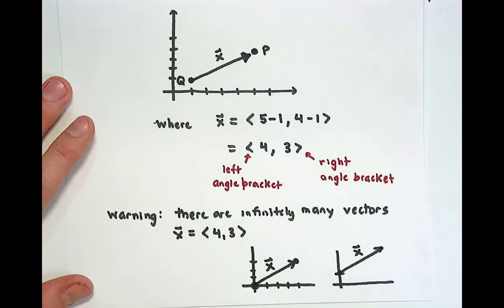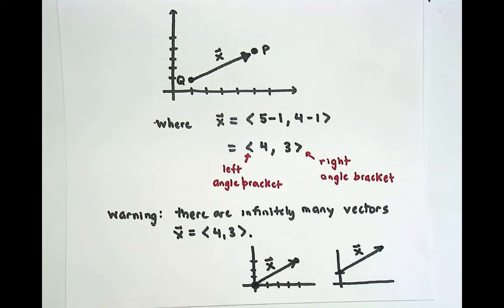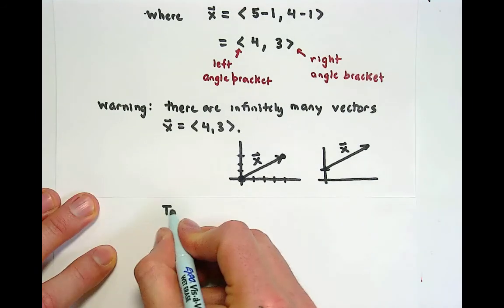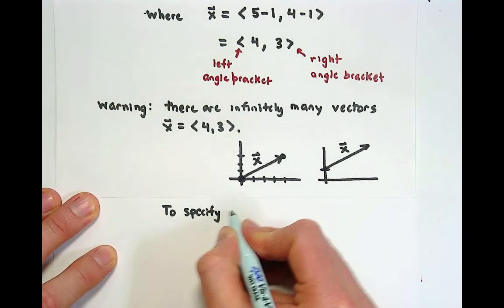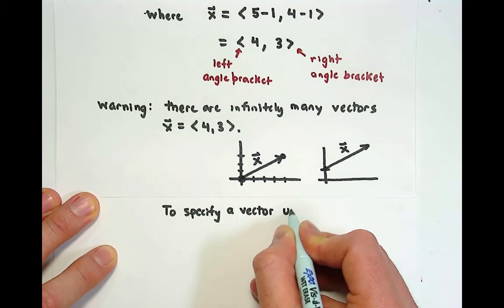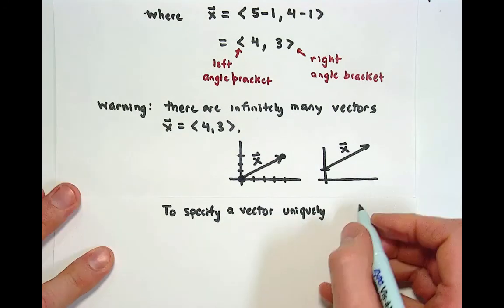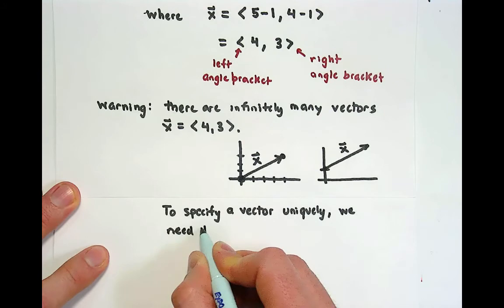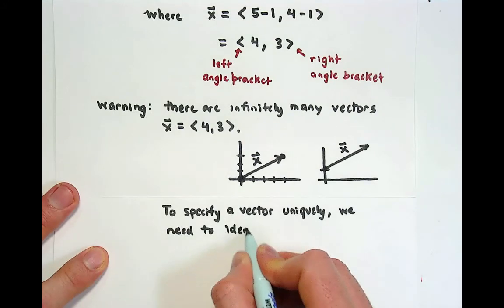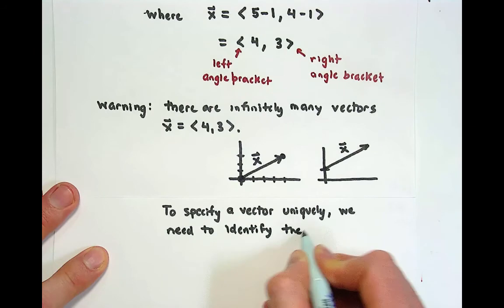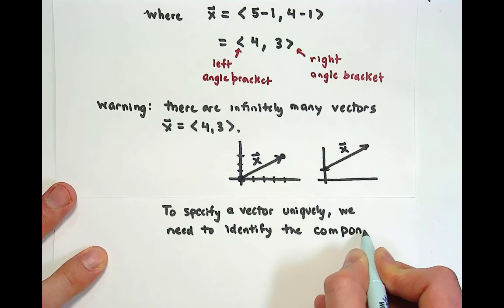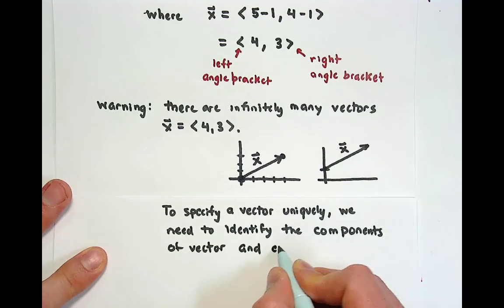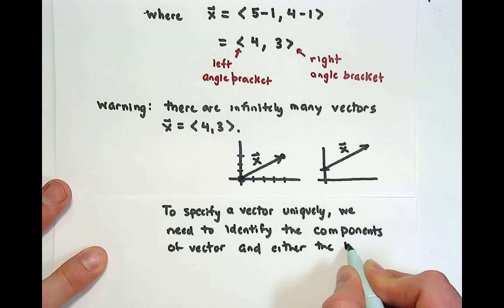So, in other words, to specify a vector uniquely, we need to identify the components of the vector and either the head or the tail.